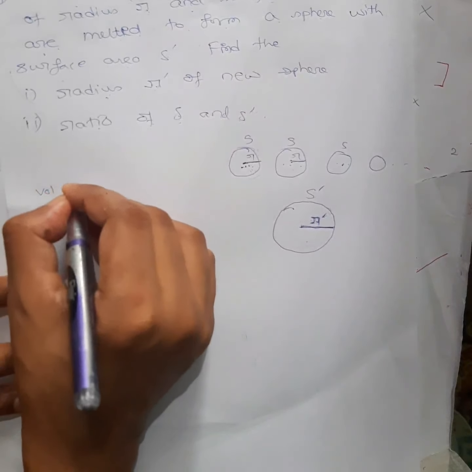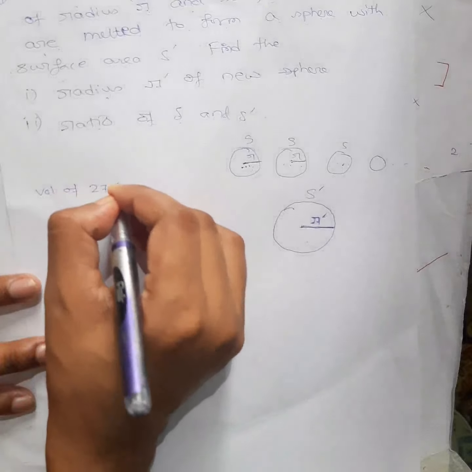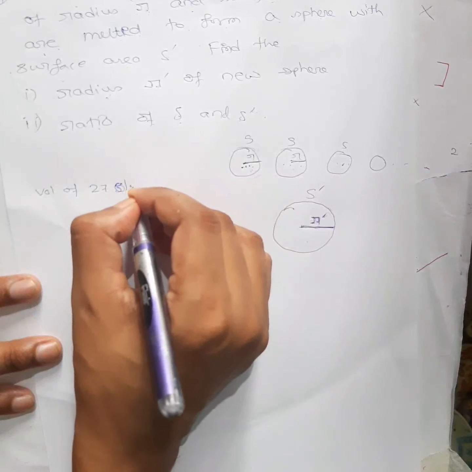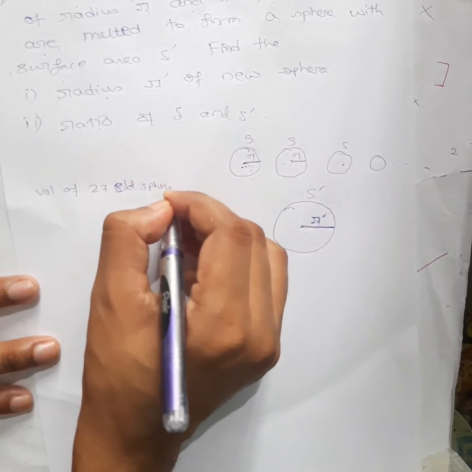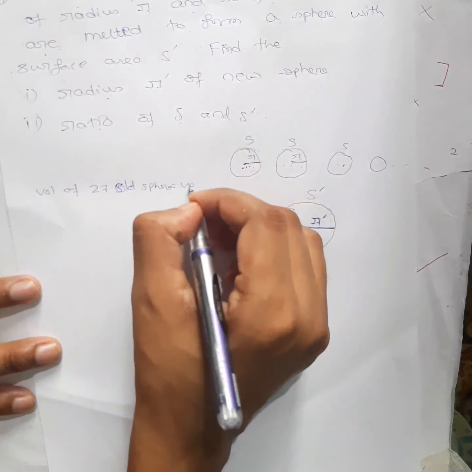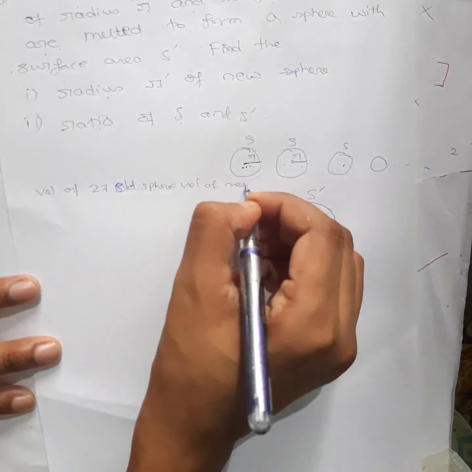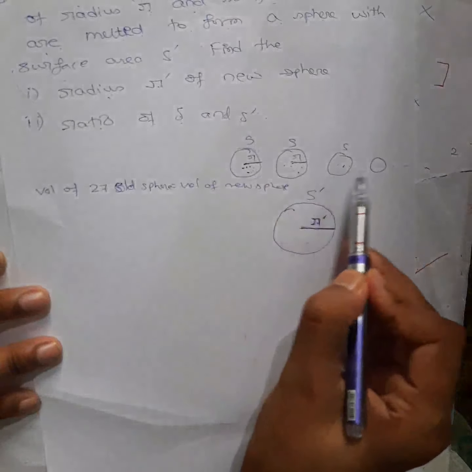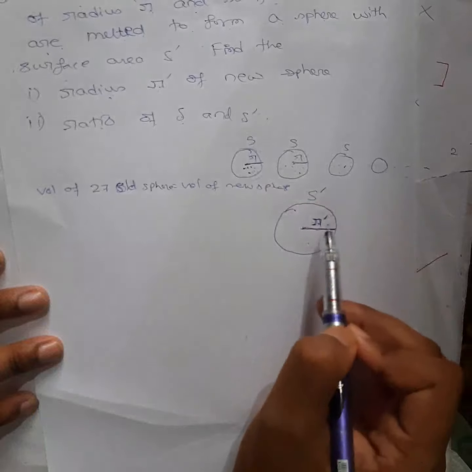If the material is the same, what can I write? Volume of 27 old spheres is equal to volume of the new sphere, right? 27 old spheres I have melted and converted into this.